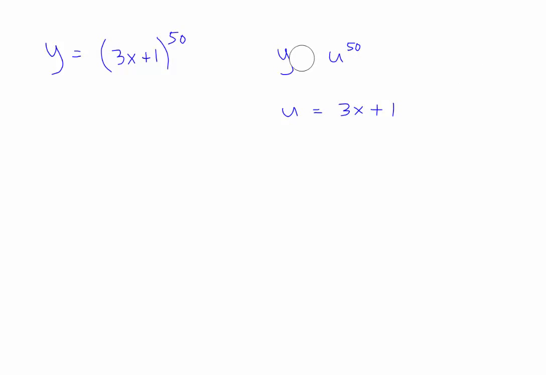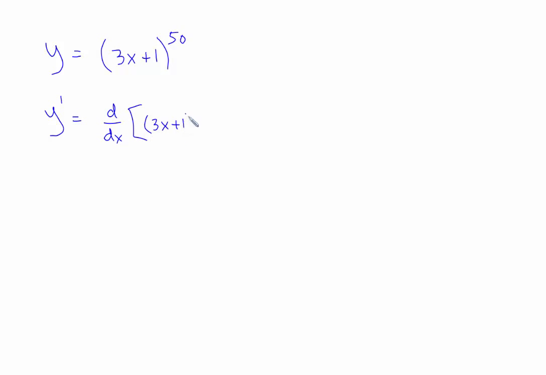So now when that happens, we can use the chain rule. The chain rule says this: to find the derivative of y, we take the derivative with respect to x of the whole function times the derivative of the inside function.